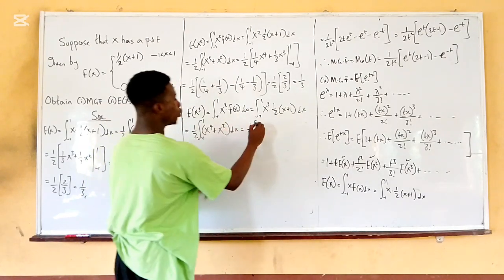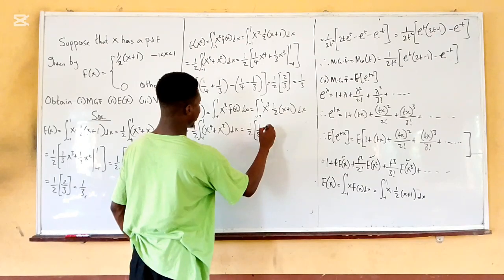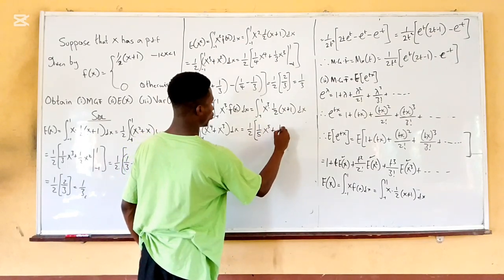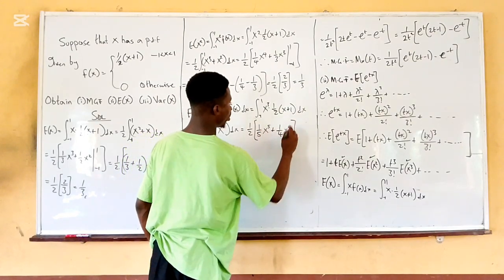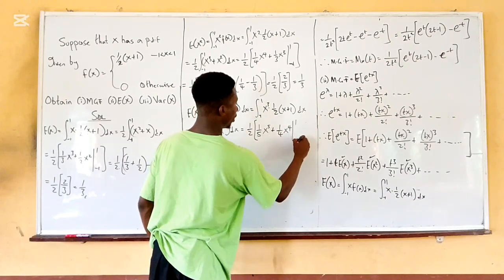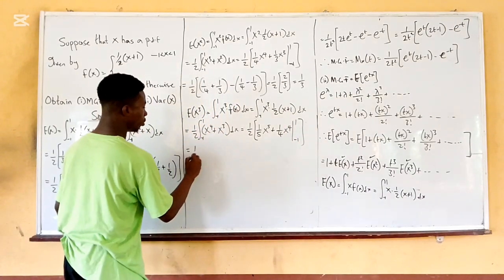Now, if I integrate, I'm going to have (1/5)x⁵ + (1/4)x⁴, times 1/2.